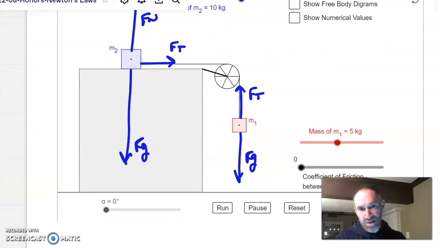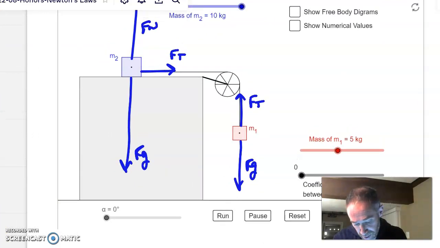I don't care about those that much because there is no friction. If there was friction, it would be pointed backwards like so. Force of friction. I'll just leave that there even though the value of that's going to be 0. But if there were friction, it would be there, and then I would need the normal force to figure out how big the friction was. As it is, there is no friction in this case.